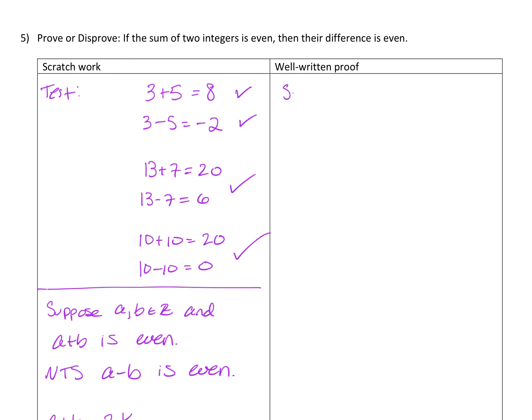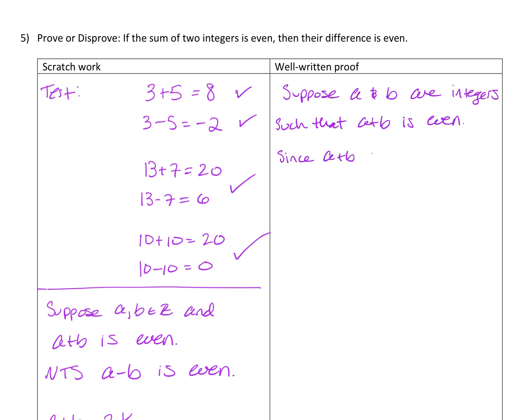So I start with, suppose a and b are integers such that a plus b is even. Since a plus b is even, a plus b equals 2k for some k in the integers.